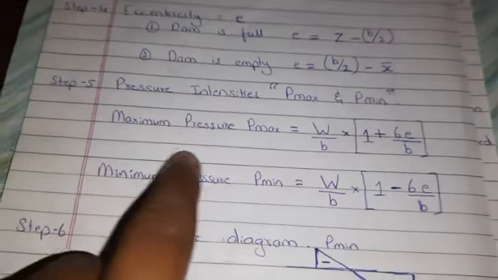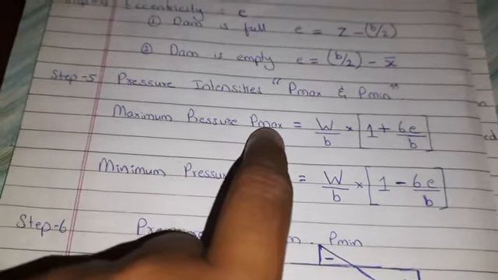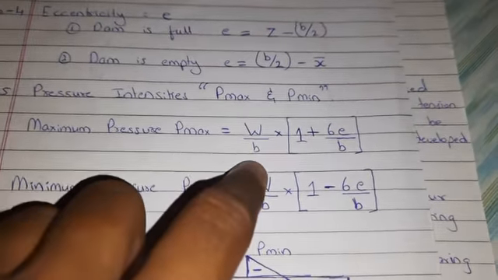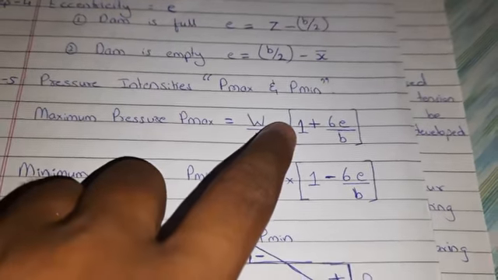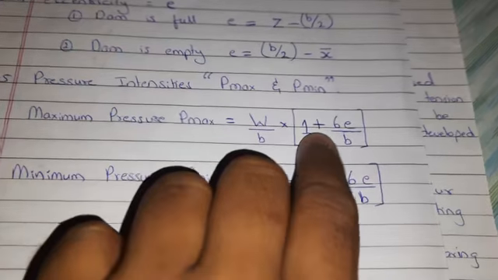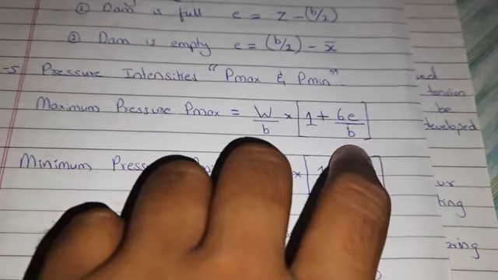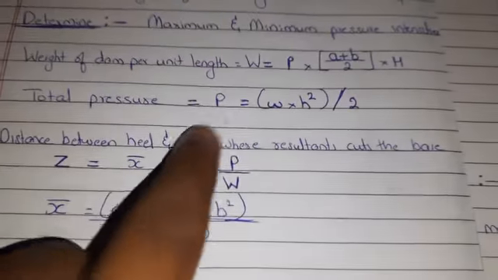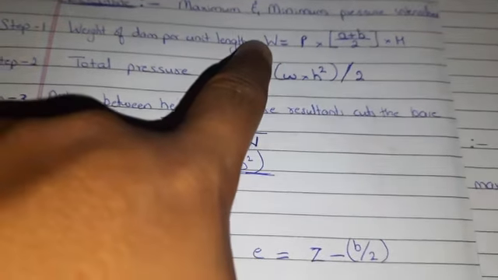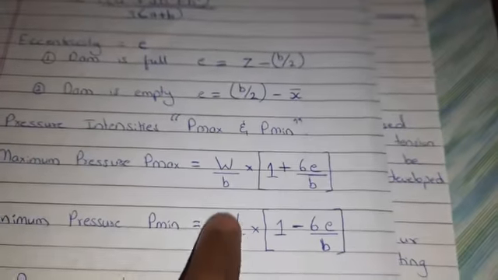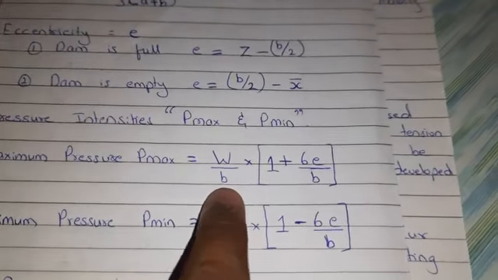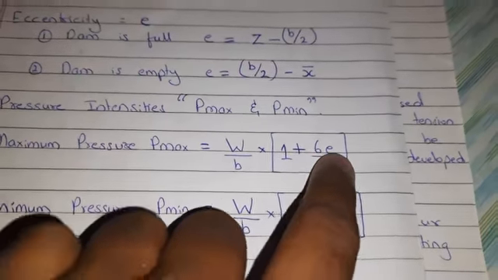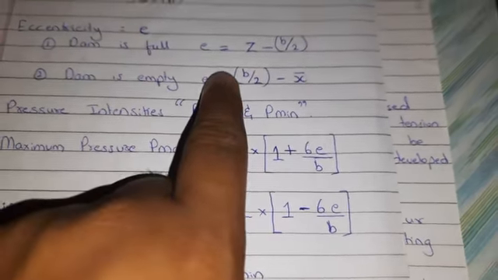The maximum pressure intensity P max is given by the equation capital W divided by B into bracket 1 plus 6 E divided by B. Here capital W is the self weight of the dam per unit length from the first step, B is the bottom width of the dam, 1 and 6 are constants, and E is the eccentricity you have calculated.